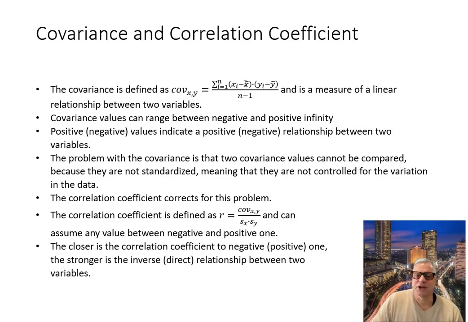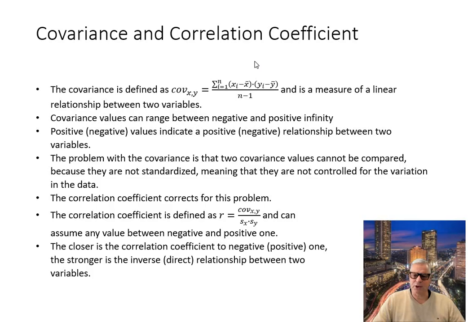And likewise, countries that are very poor and have a GDP per capita below the average in our data set probably have a very high infant mortality rate. So we would multiply something negative with something positive, and we will get a negative value in the numerator.